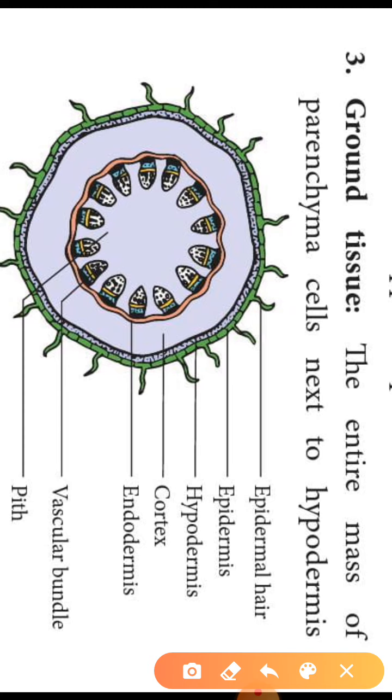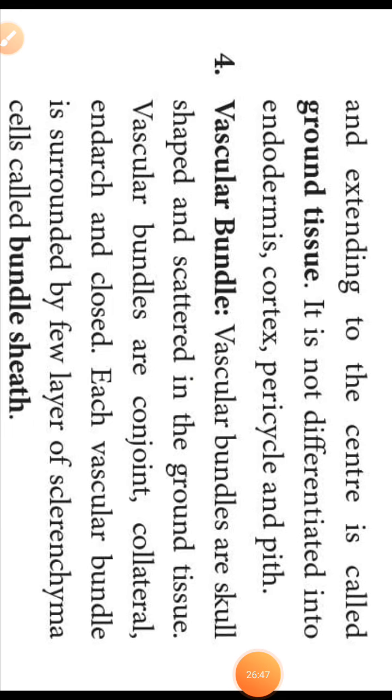The entire, write the meaning, whole, mass of parenchyma cells which is present after the hypodermis, extending to the center, is called ground tissue. It is not differentiated into endodermis, cortex, pericycle and pith.